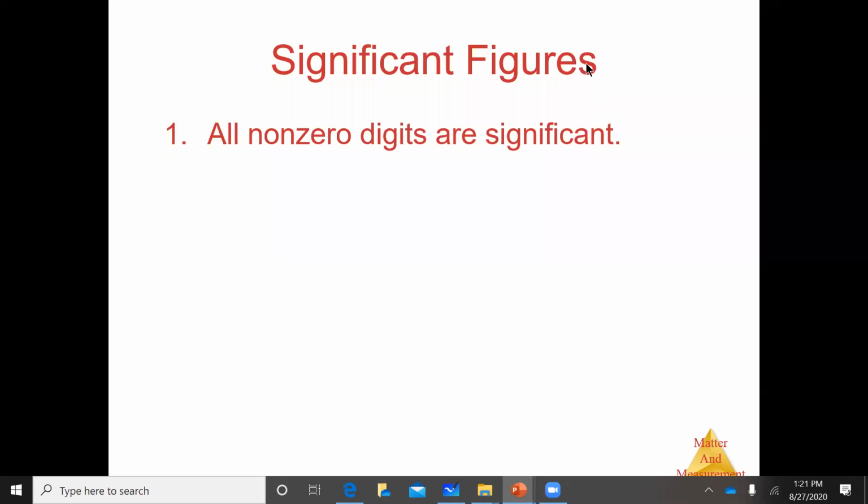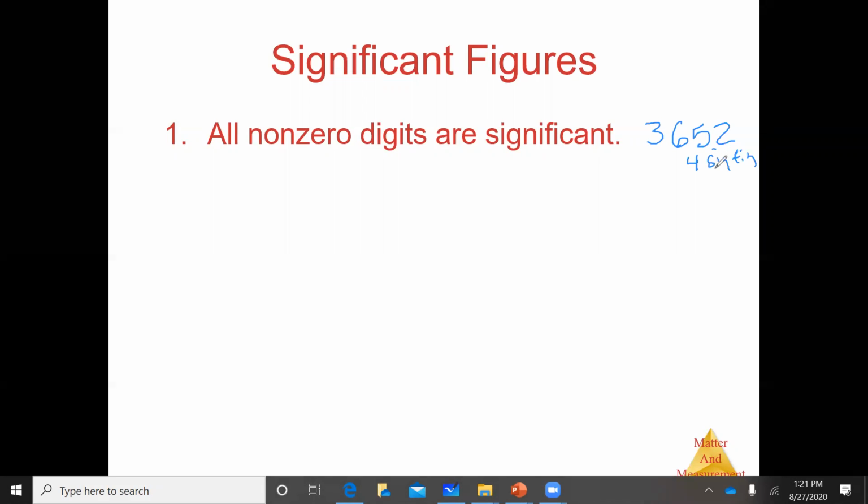I'm going to write a number on the side here: 3,652. I would say that this thing has 4 sig figs. Why? Because all of these are non-zero numbers. Those are easy to calculate. It gets more difficult when you have zeros. Zeros are the things that give us trouble in determining significance.